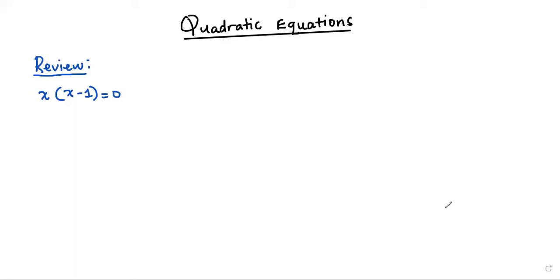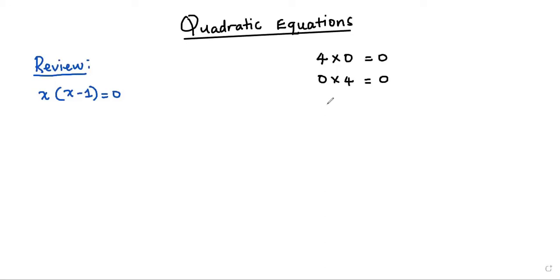Like if I have 4 times 0, I can get 0. Or if I get 0 times 4, I can get 0. So in order to get 0, when you do multiplication, one of the numbers must be 0.